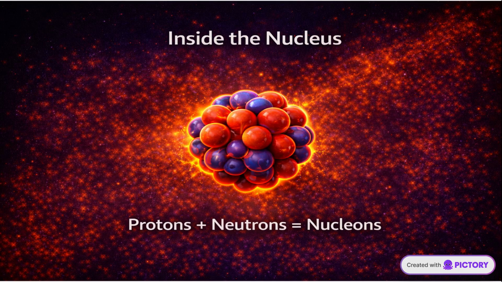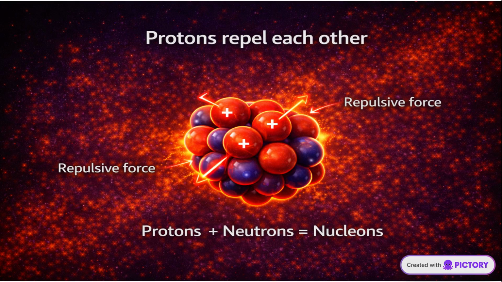Inside the nucleus, particles are extremely close together. Imagine packing multiple positively charged particles into a very small space. What would happen? They should strongly repel each other. Yet, the nucleus stays together. This tells us something important. There must be a powerful force acting inside the nucleus, strong enough to hold everything together. Let's focus on protons.